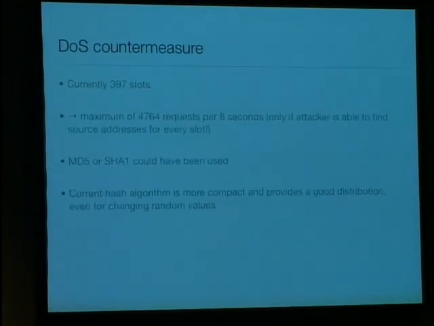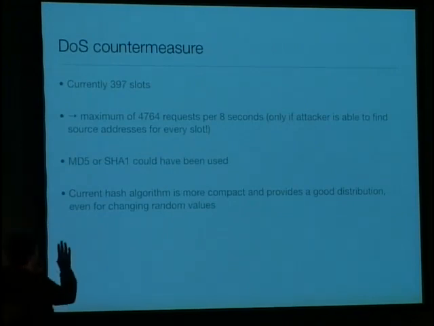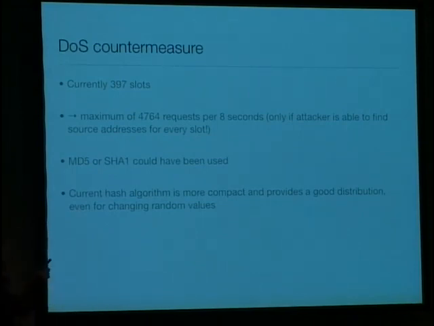The number of slots is currently 397. So that means that only a maximum of 4,764 requests per 8-second time frame is allowed, but only if the attacker is able to find source addresses so that the distribution for the slot numbers is quite uniform.